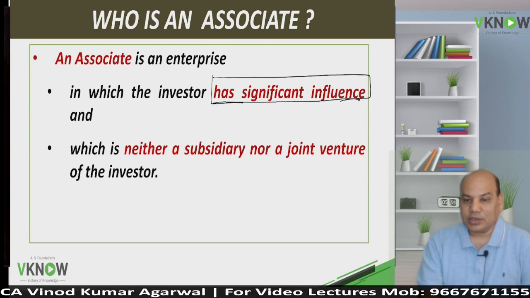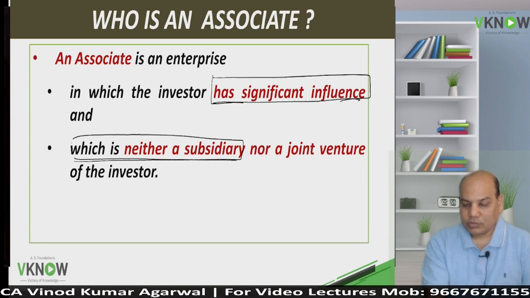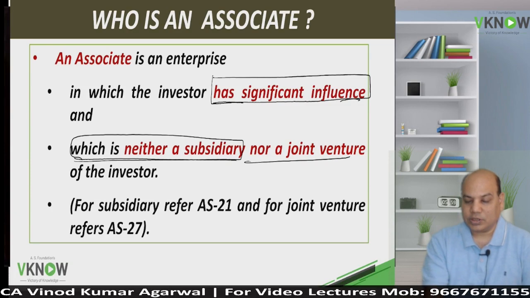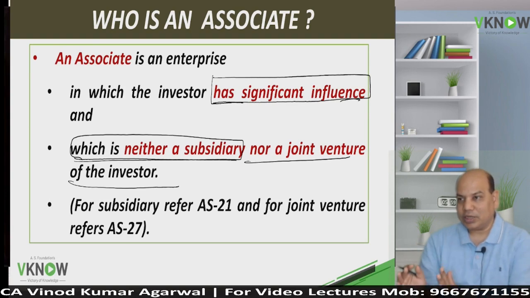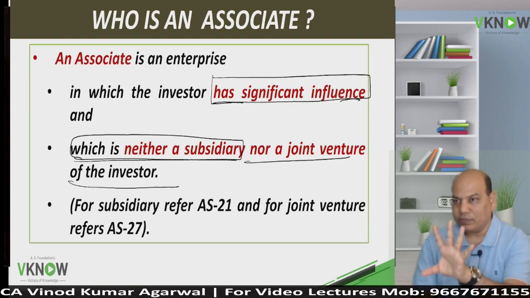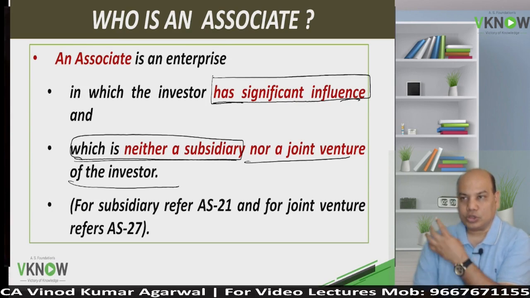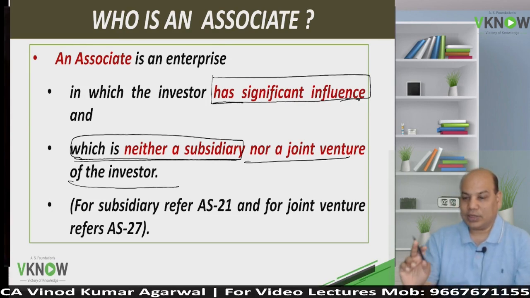That other company should not be a subsidiary, because if it is a subsidiary, then AS21 will apply, and it should not be a joint venture, because if it is a joint venture, then AS27 will apply. Hence, the other entity over which we should have significant influence should not be a subsidiary or a joint venture also. Then it is called an associate.